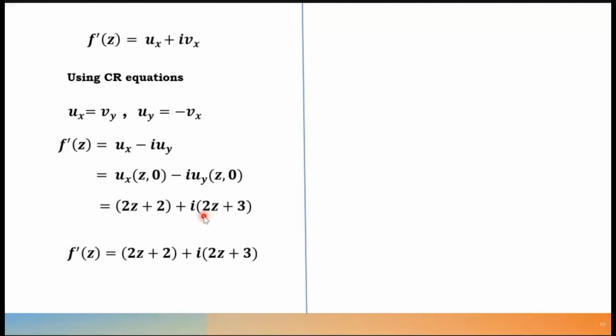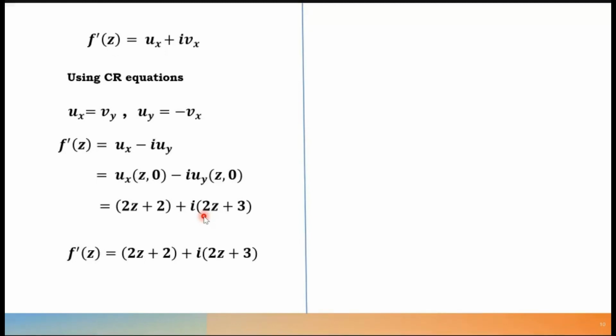So integrating f dash of z. Done with the slide. Okay, next slide. F dash of z is 2z plus 2 plus i into 2z plus 3. Integrate each term because we have a plus sign in between.